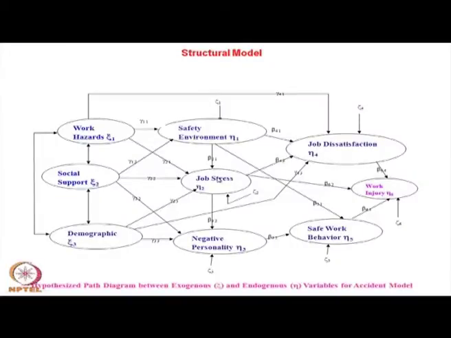Then you do confirmatory factor analysis and find out the correlation or covariance structure of the latent variables, because in SEM your input is either the correlation or covariance structure. So, for the measurement model you give the covariance or correlation structure, and it will give you the latent correlation or covariance structure. Now, for the structural model again use the latent correlation or covariance structure you are getting from the latent variables, and then you fit like this. So, you will be getting a picture like this.